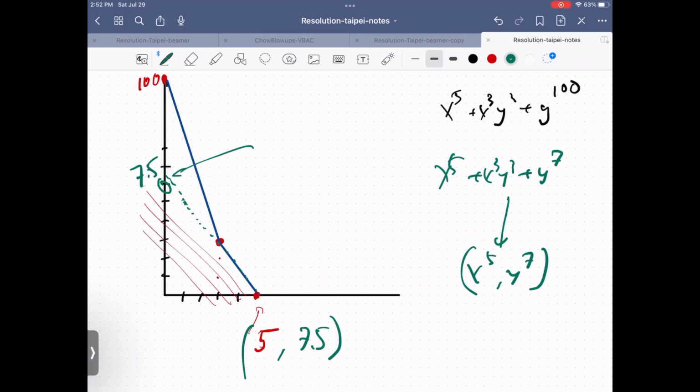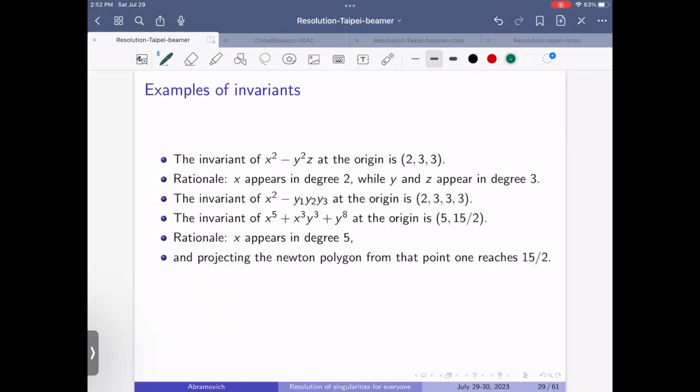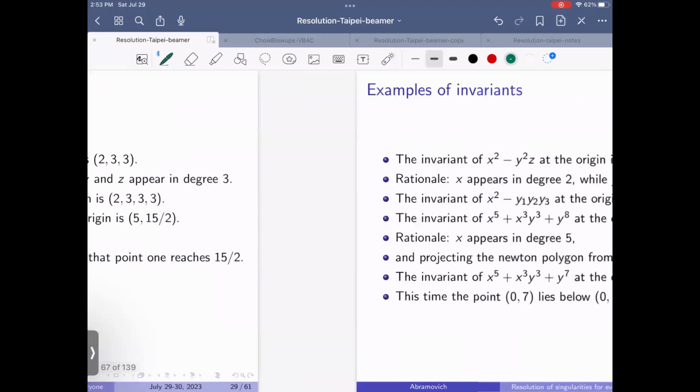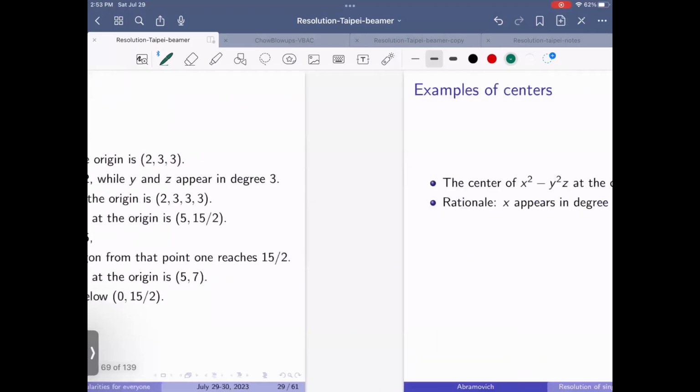Okay. So that was just examples to get a rough idea, but let me now tell you how to do it. This didn't teach you how to do it. Before that, I'll tell you how the centers are put together.